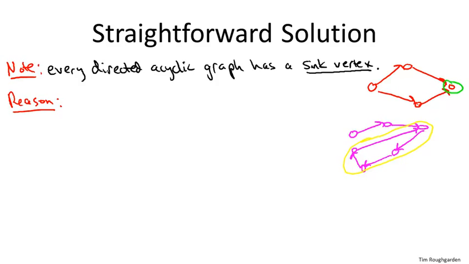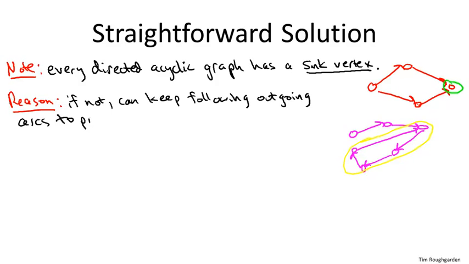So here's how we use this very simple observation now to compute a topological ordering of a directed acyclic graph. Well, let's do a little thought experiment. Suppose, in fact, this graph did have a topological ordering. Let's think about the vertex which goes last in this topological ordering. Remember, any arc which goes backward in the ordering is a violation. So we have to make sure every arc goes forward in the ordering.